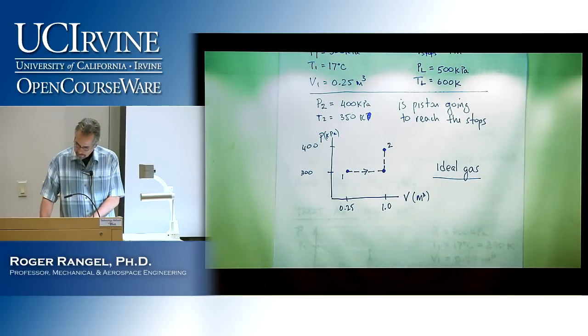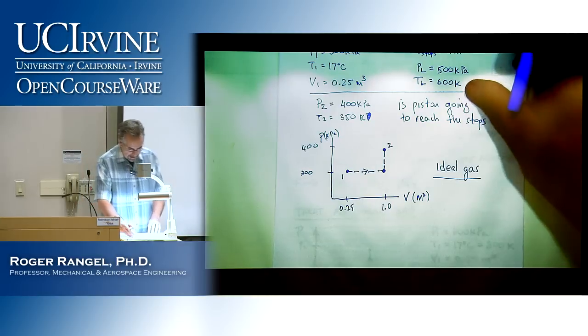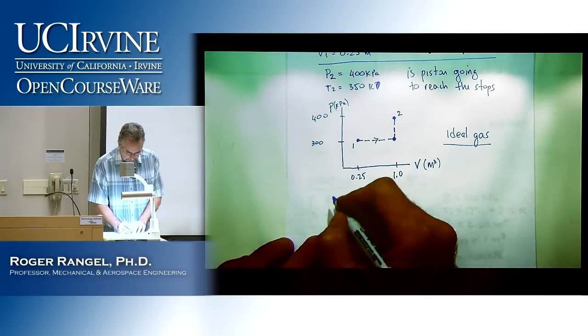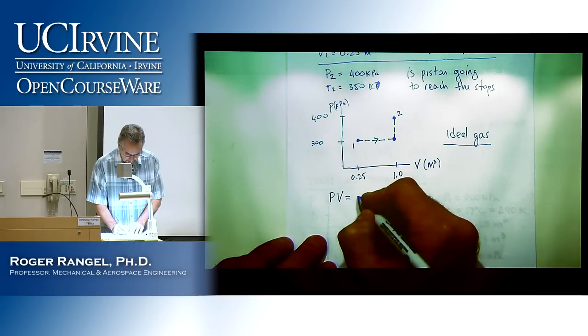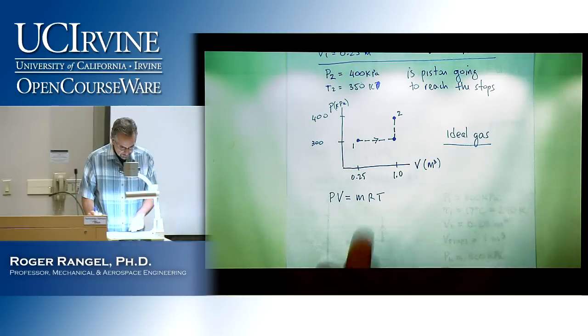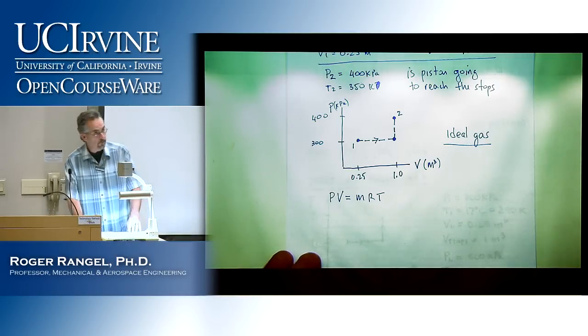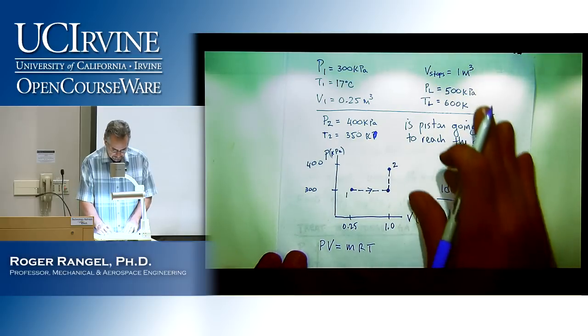So if I use the ideal gas law, then I can, of course, find the initial mass, because I can write PV equals mRT, where this R is the constant for air. And then if I look at the initial conditions, I have everything except the mass.